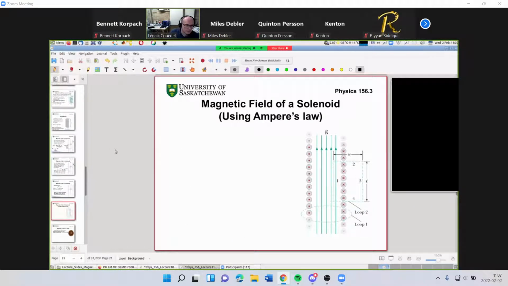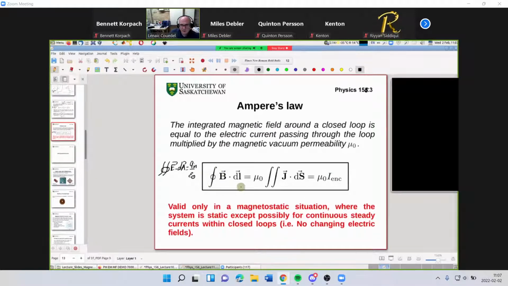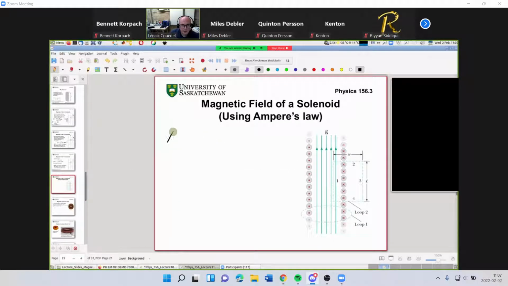So Ampere's law, let me remind you what it is: the integral of B dl over a closed contour is equal to mu0 times the enclosed current.